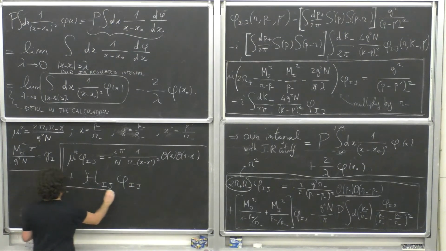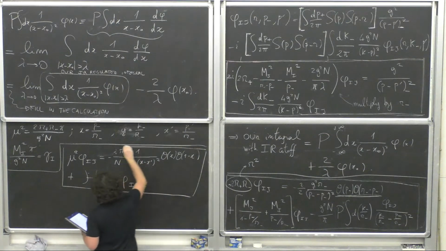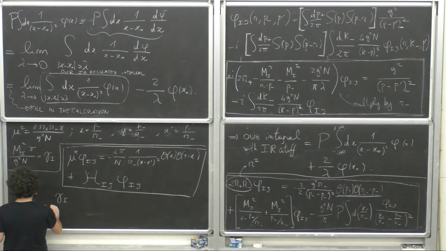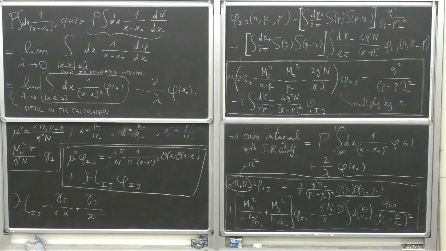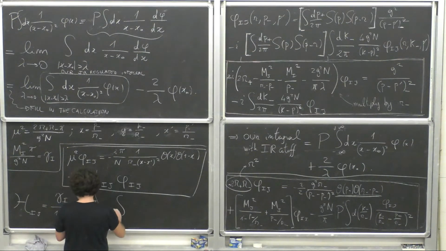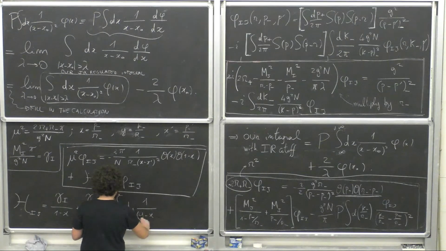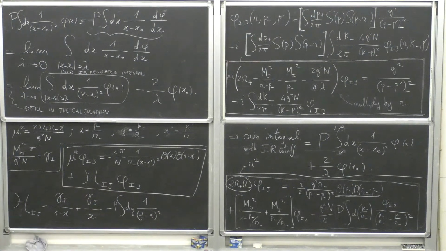This operator Hij is partly multiplication, so we have a multiplication by this plus a multiplication by this, and partly an integral, which is just this Hadamard principal value.